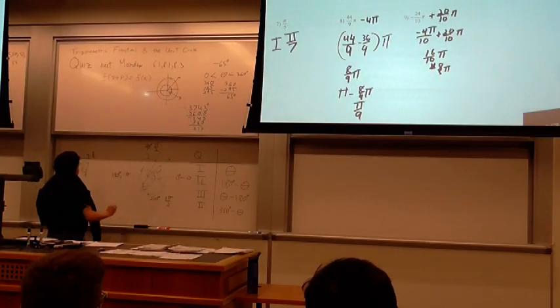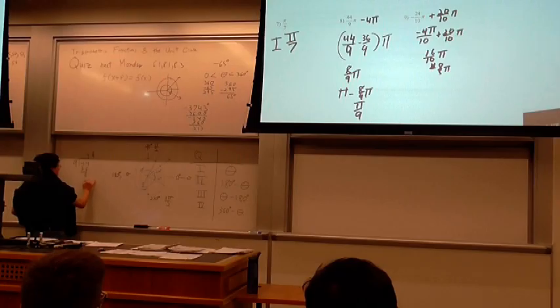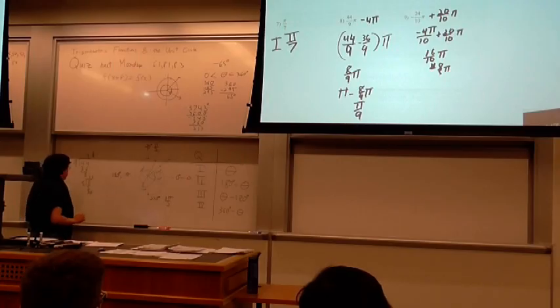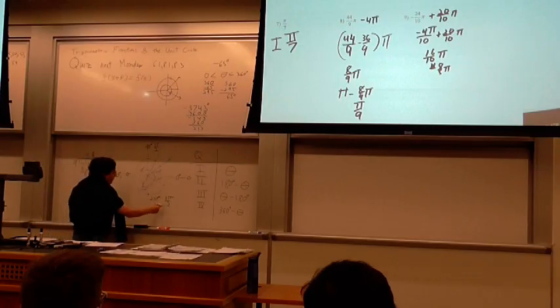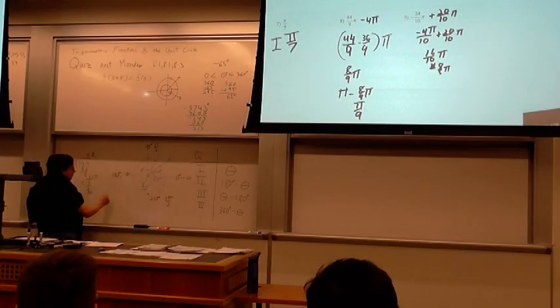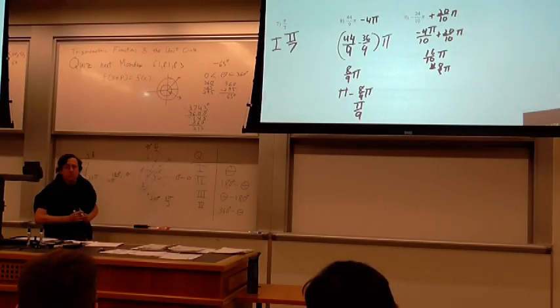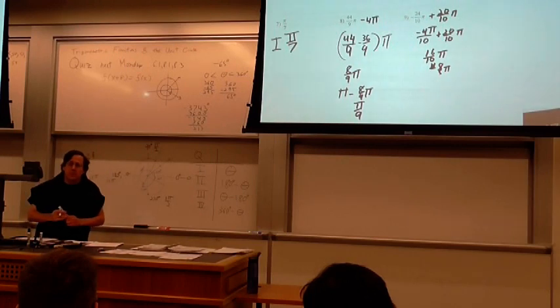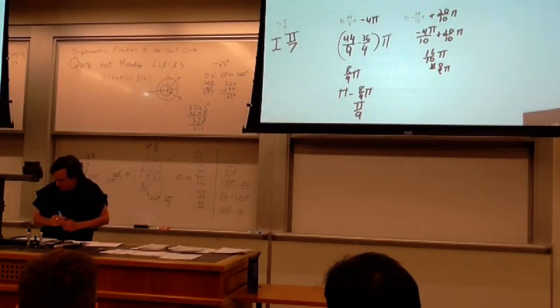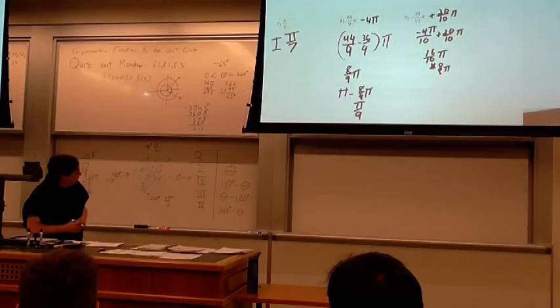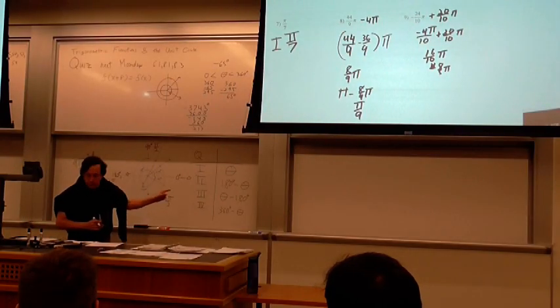Actually do some basic math here. 8 divided by 5 is 1.6. It's 1.6 pi. And 3/2 pi is 1.5 pi. Oh, so it's in the fourth quadrant. Does that make sense? Okay, so it's in the fourth quadrant, so we're going to subtract it from 2 pi.